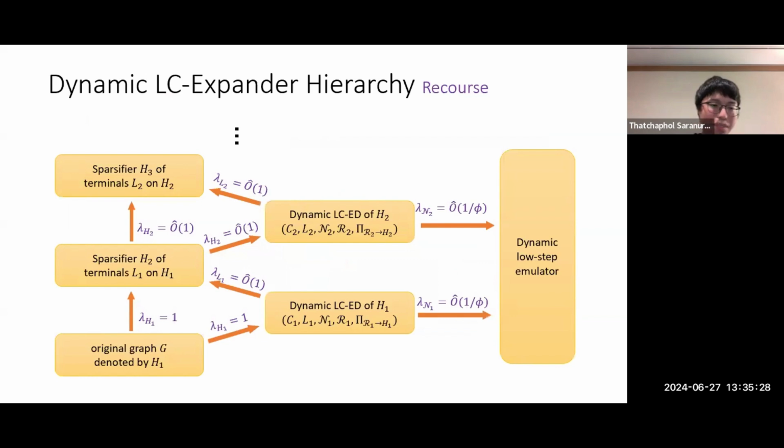Then we compute a vertex classifier H2 on the original graph with respect to the terminal vertices, which are the landmarks of the first expander decomposition, and then keep going up. To compute the dynamic low-step emulator, we hide lots of details here, but it basically exploits the pairwise covers of all these expander decompositions.